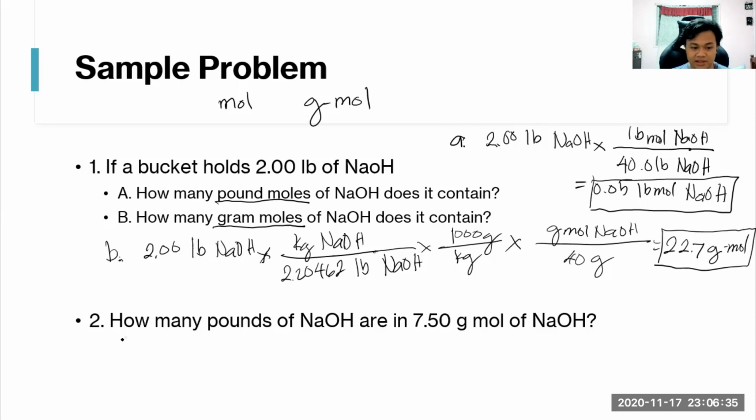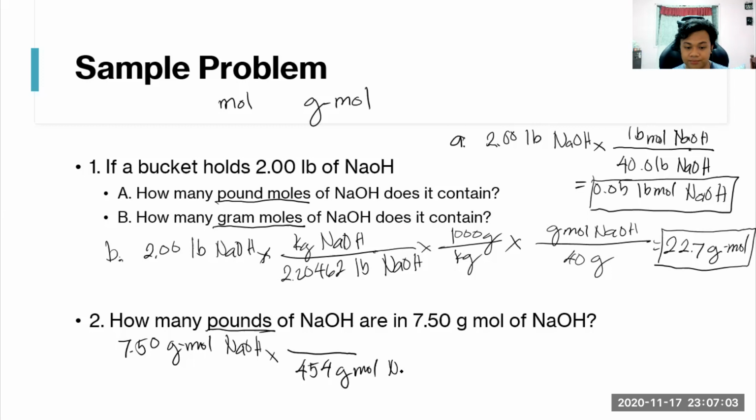So we have 7.5 gram mole of NaOH, and then we have to find the pounds, right? So we have to convert this to pound moles. So 454 gram moles NaOH is in 1 pound mole NaOH.